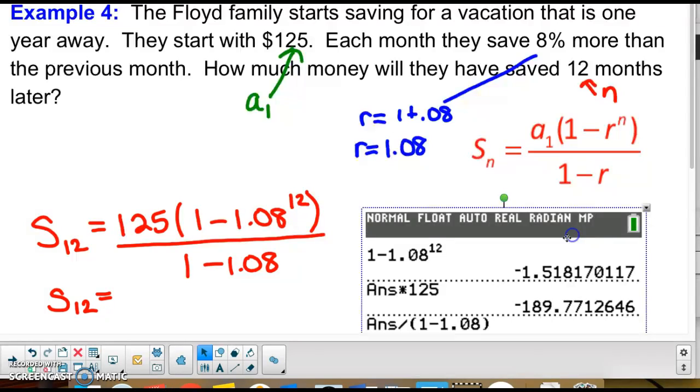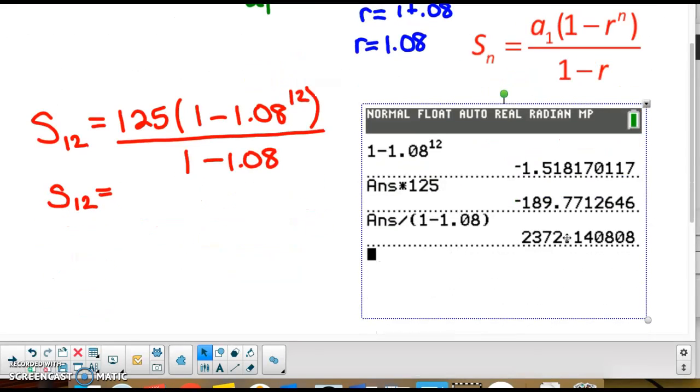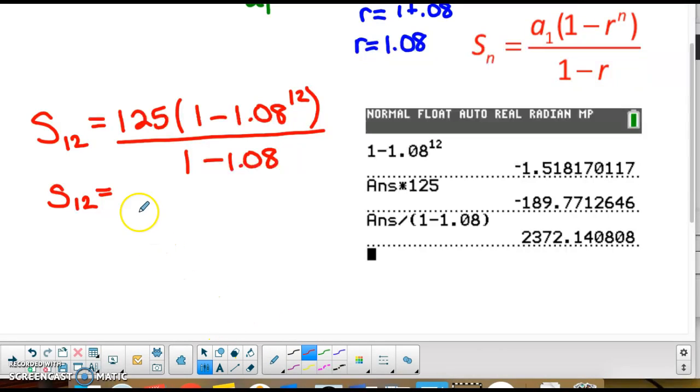So they will be saving about $2,372 for their vacation.